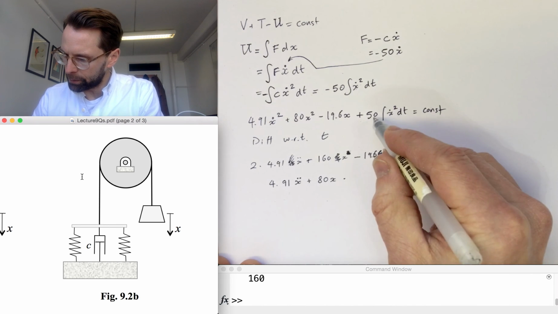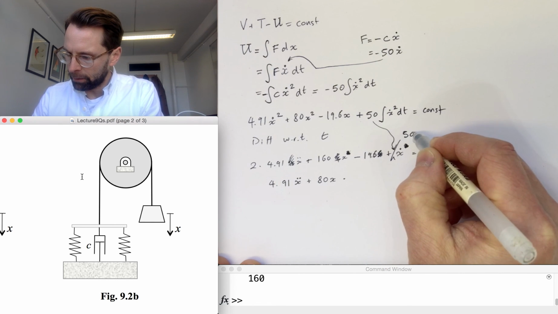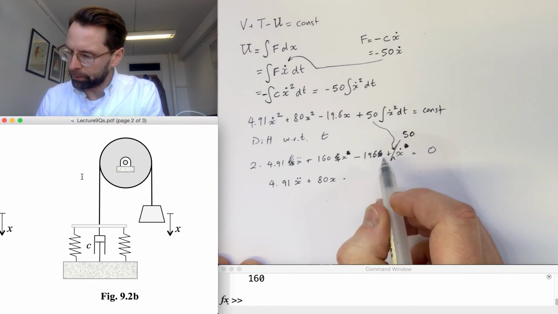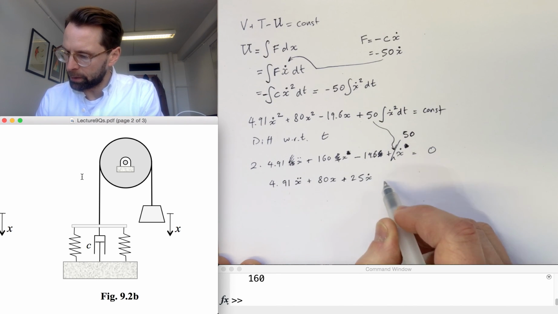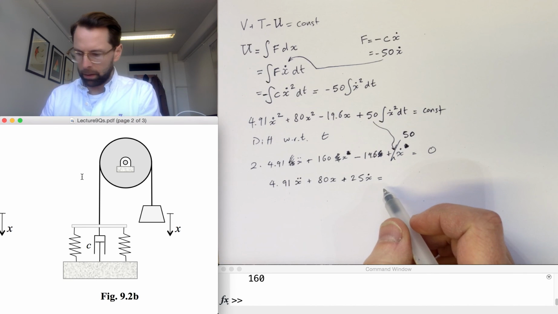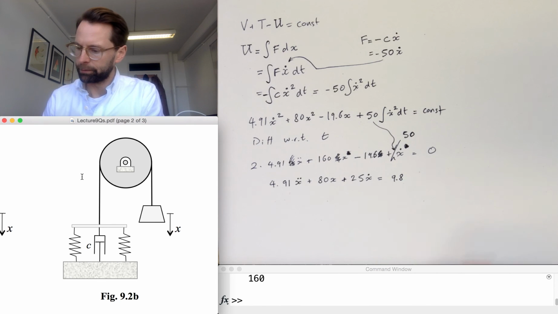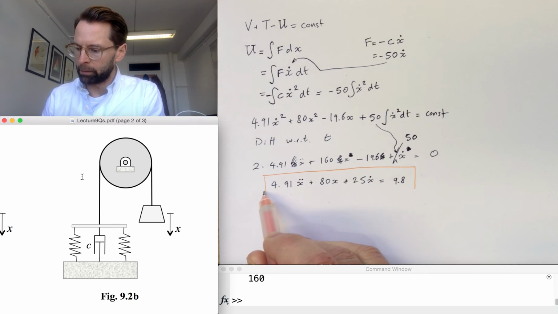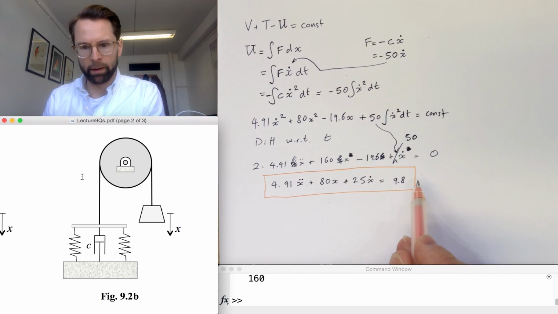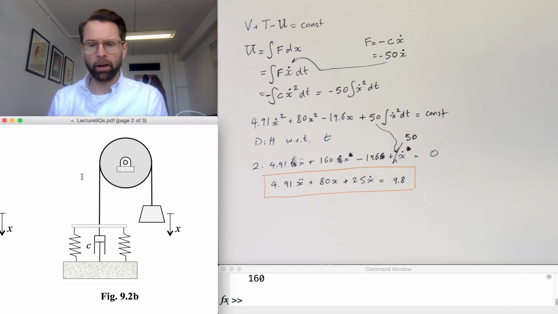Then, sorry, there should have been a 50 in front of there, plus 25 x dot, and then 9.8 on the other side. And that's the governing equation. I think in the worked solution it just multiplies the left hand side and the right hand side by a factor of 2, but it gives you exactly the same thing. Okay, so that's everything there is to that question.